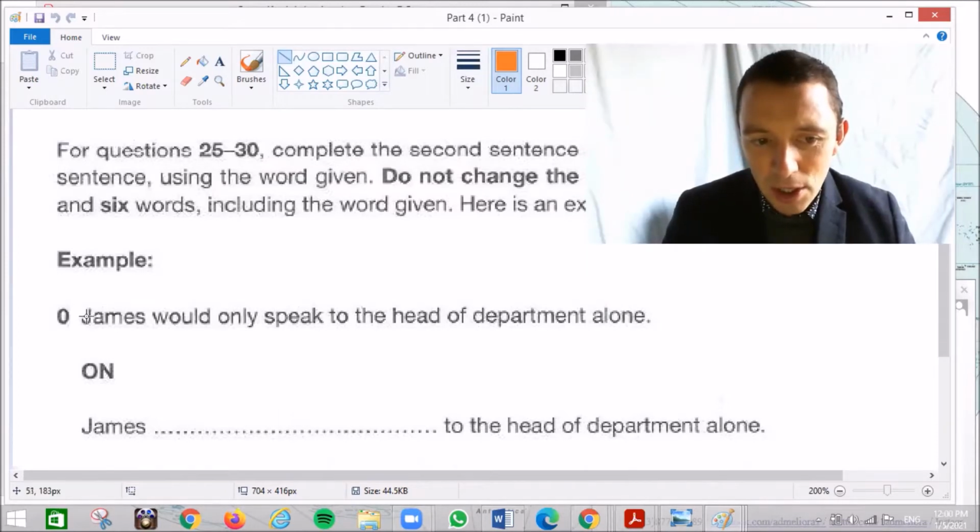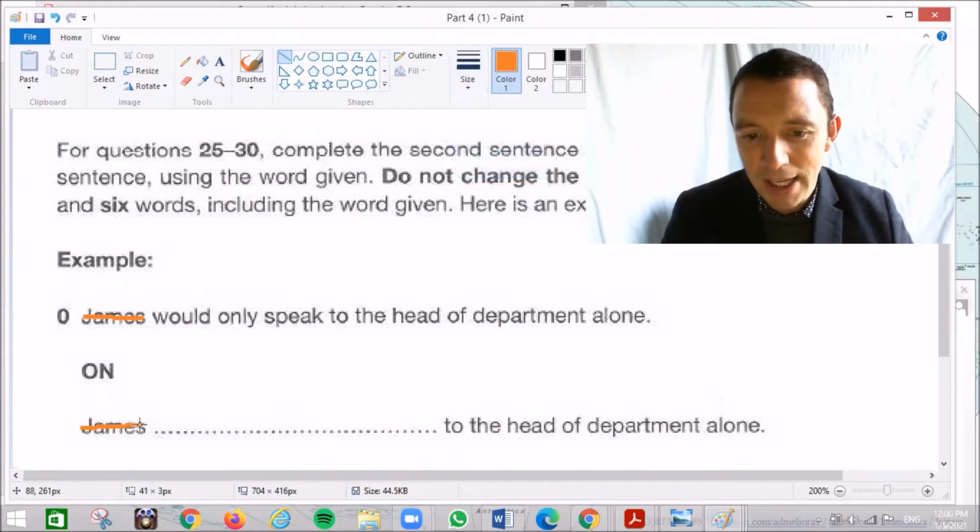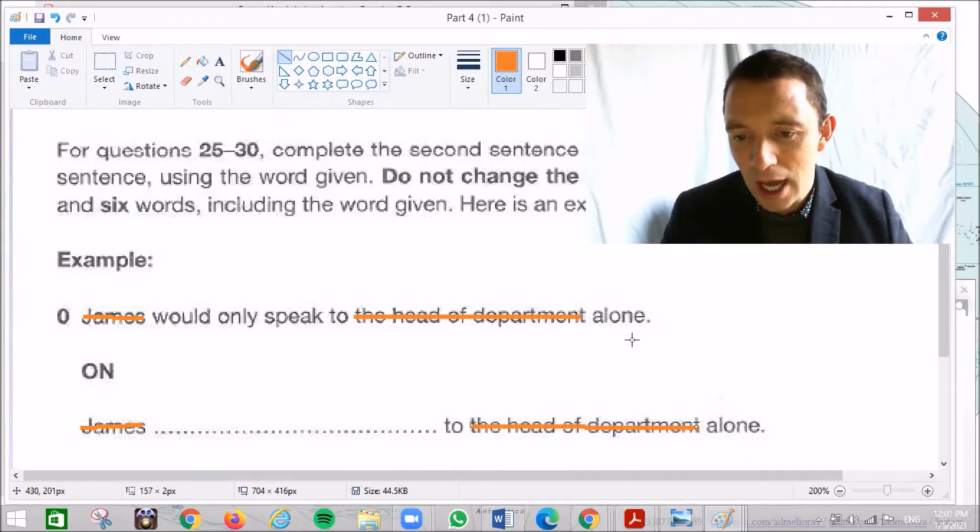So James, no problem, it exists in the first and it exists in the second, here and here, so you can eliminate that option. The head of the department, no problem, it exists in the second. Alone is like only, no problem, it exists. To, speak to, okay?